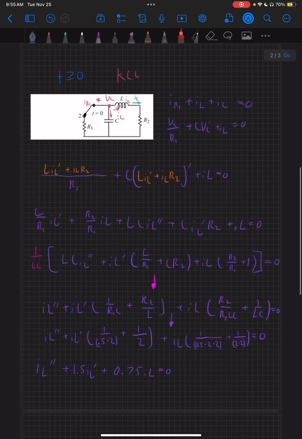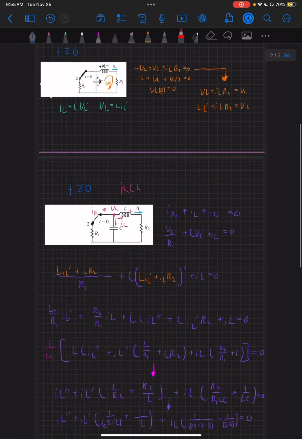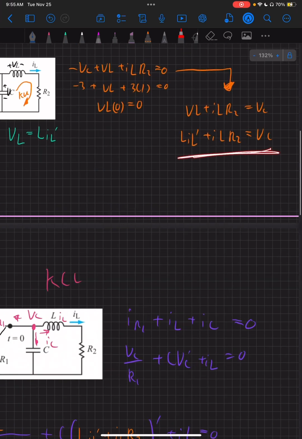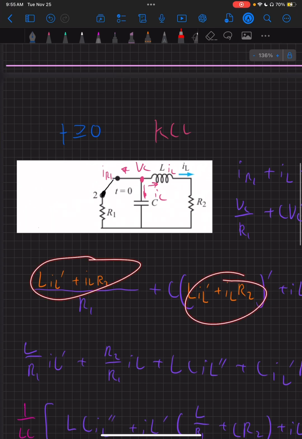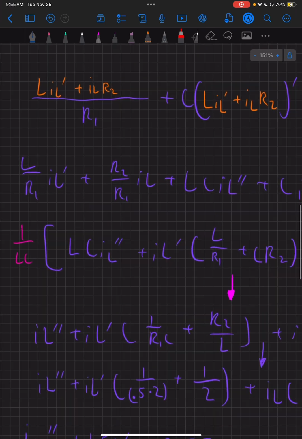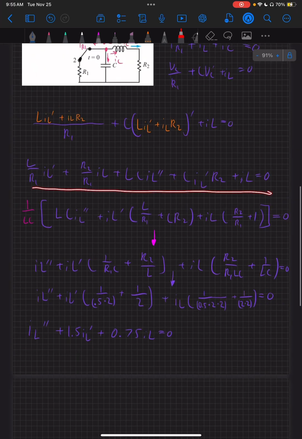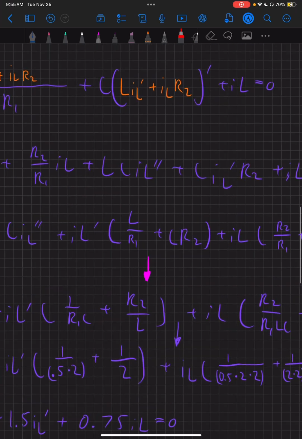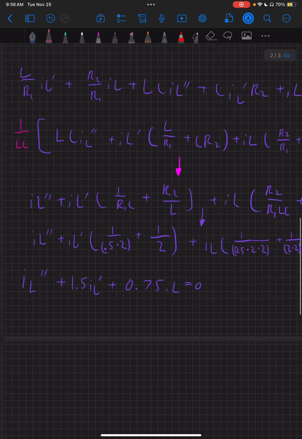Afterwards, we plug in VC that we got from this equation into these equations, and simplify the equation further. In the next step, we want to have IL double prime alone, so we multiply each part by 1 over LC.